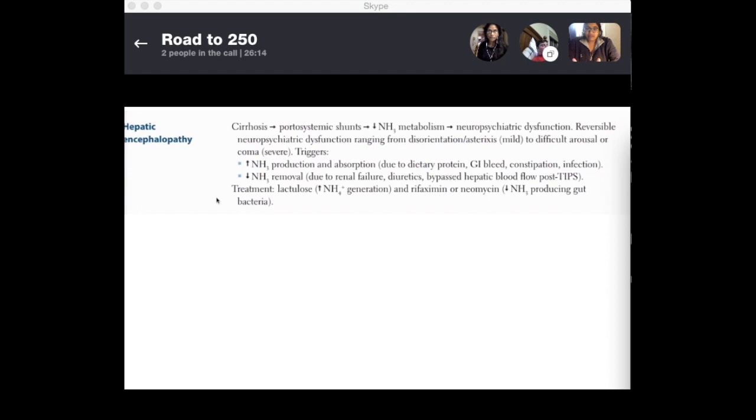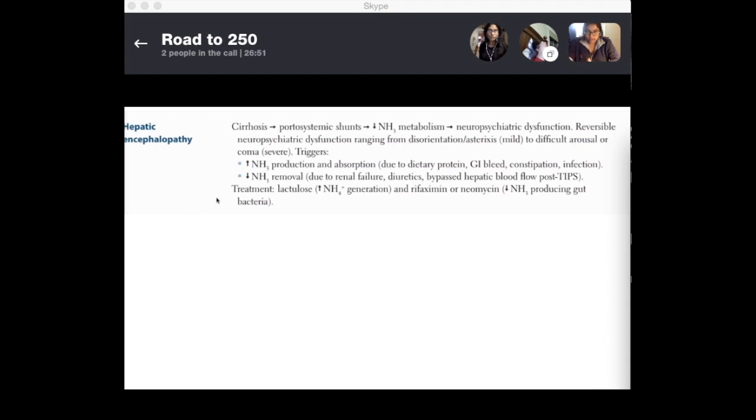So what ends up happening is it gets stuck in our system, and our lovely gut bacteria come along and eat this guy up, and that ends up causing them to produce ammonium instead of ammonia, which will decrease the pH and have this ammonium trapped in that pathway so it can't get into the system, and then just get excreted out.